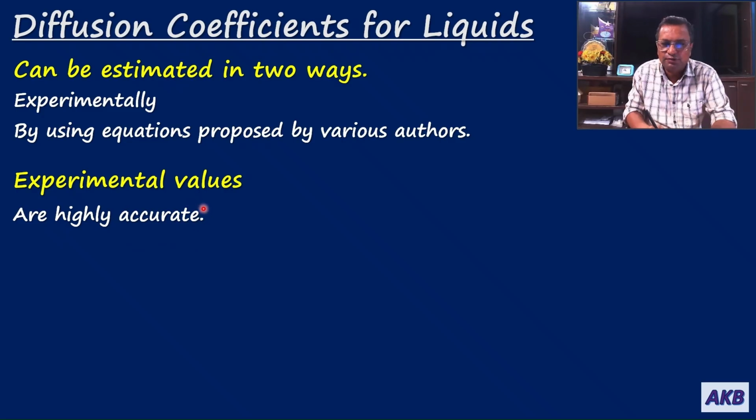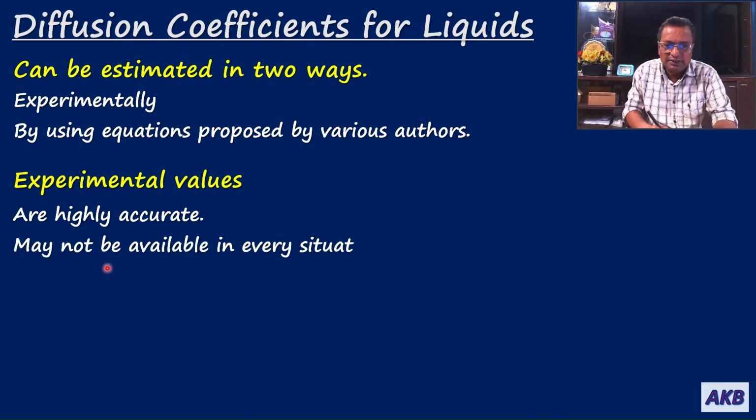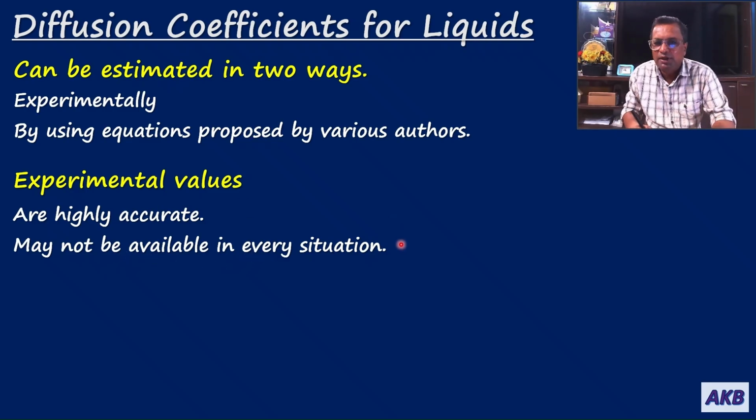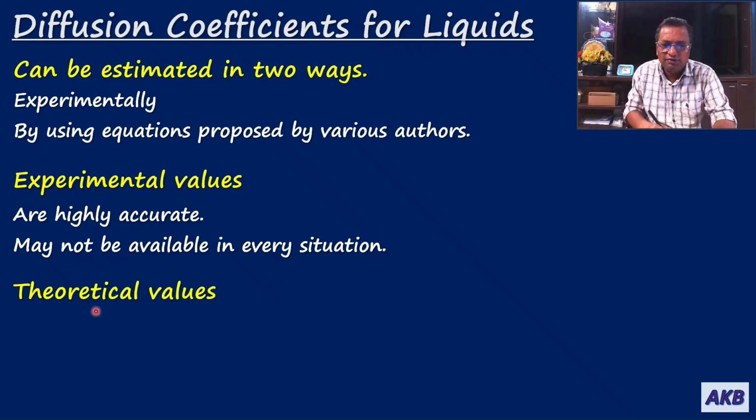If you get values for diffusion coefficients by carrying out experiments, you are going to get highly accurate values. But experimental values may not be available in every situation. It may not be possible to carry out experiments in every situation. Then you have the option of finding it by using the equations.